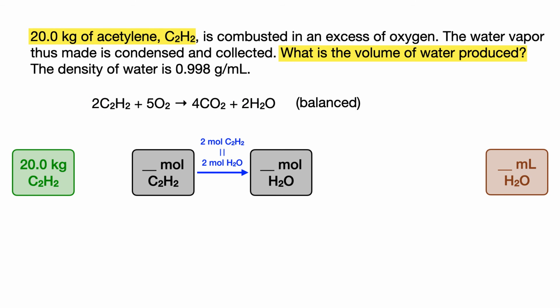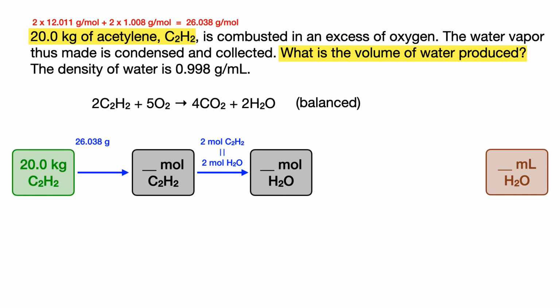And then looking at the first part of the problem, in order to go from the mass of acetylene to the number of moles of acetylene, we're going to need to know the molar mass, and that is 2 times 12.011 grams per mole plus 2 times 1.008 grams per mole gives us a molar mass of acetylene of 26.038 grams per mole.